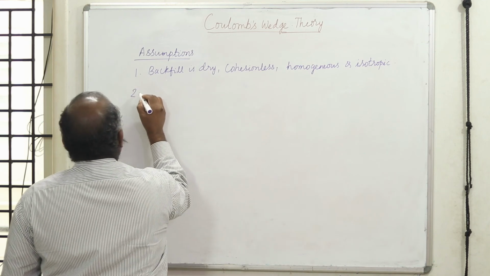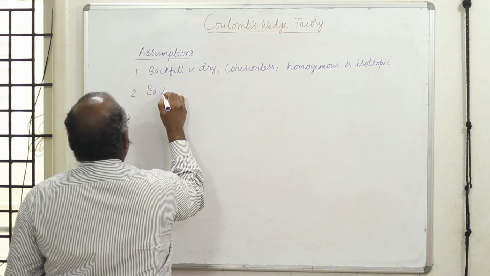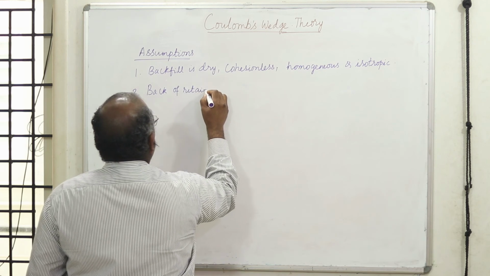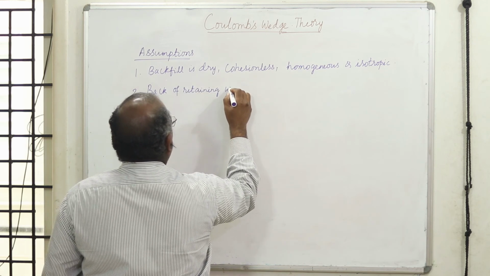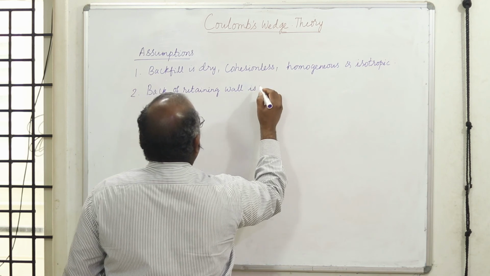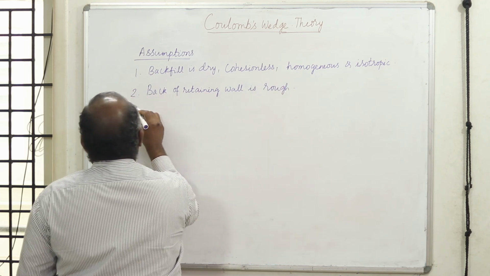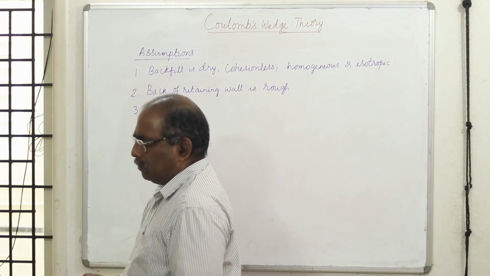The second one is that the back of the retaining wall is rough. It may be vertical or inclined.